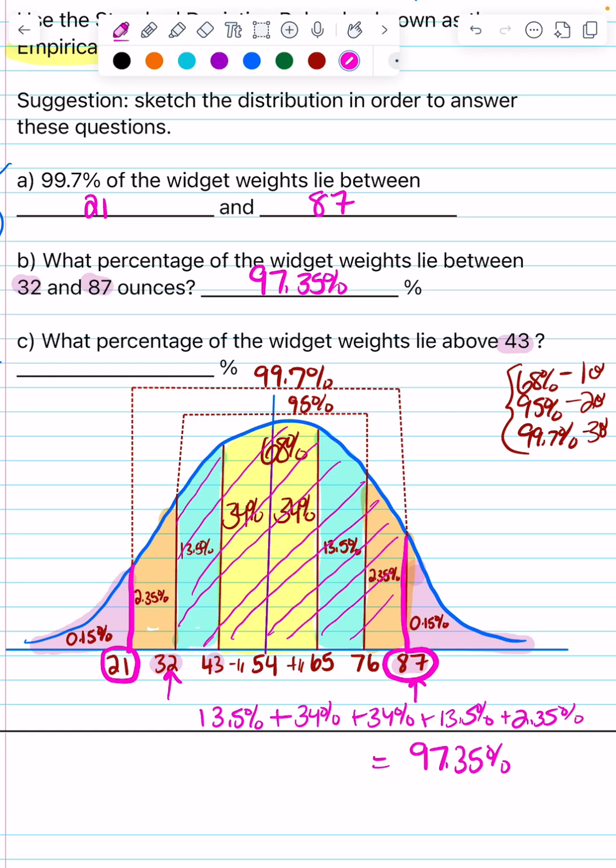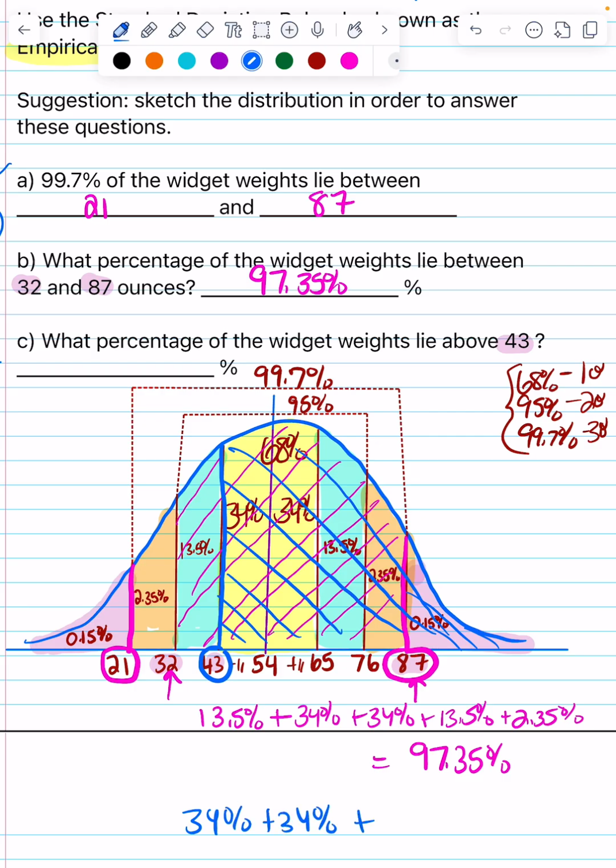All right, and then the last one, what percentage of the widget weights lie above 43? So we're going to find 43. I'll grab another color, maybe this bright blue. Here's 43. So we want all the area that I'm drawing blue lines in. So that's going to be 34% plus 34%, plus 13.5%, plus 2.35%, and plus 0.15%.